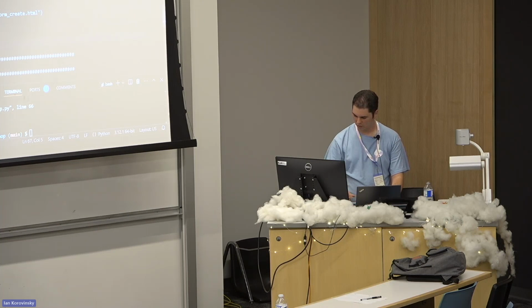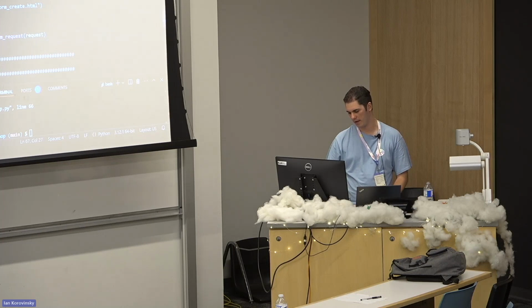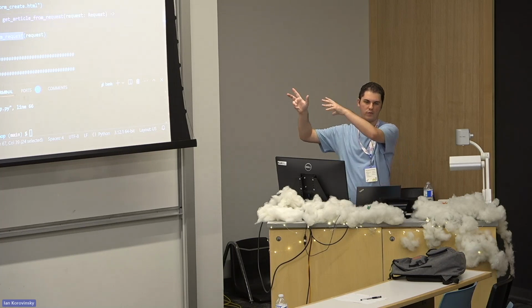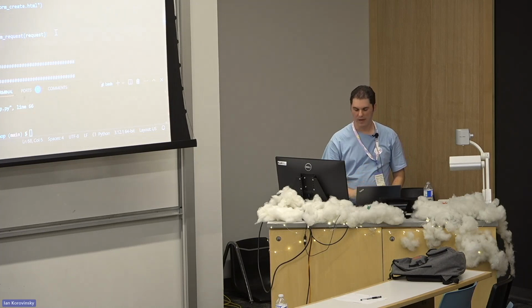And so how do we grab those values? Well, I've created a very handy function, get article from request. So this is going to grab all those values from the request and return an article response.